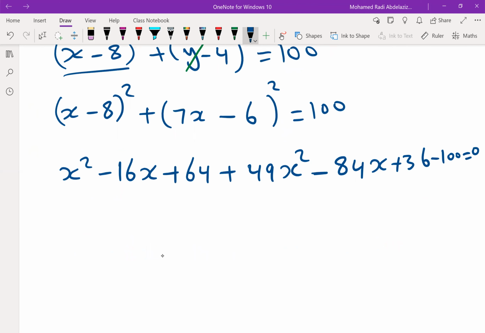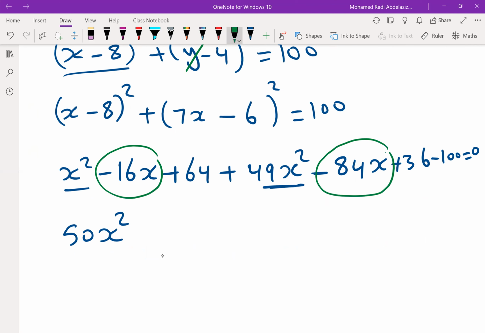Simplify. 49x squared and x squared is 50x squared. And minus 16x minus 84x will be minus 100x. 64 plus 36 minus 100 will be 0.